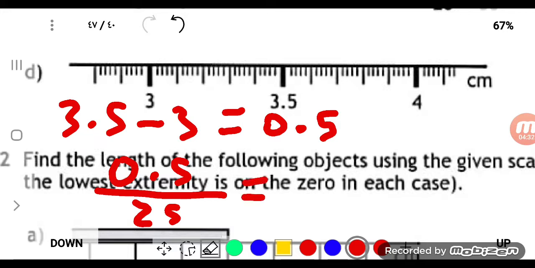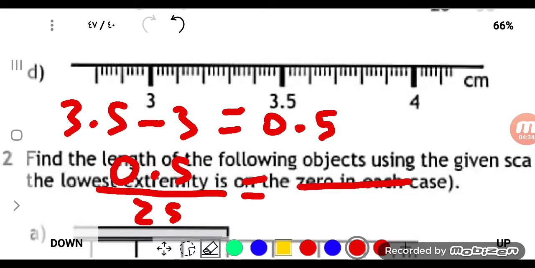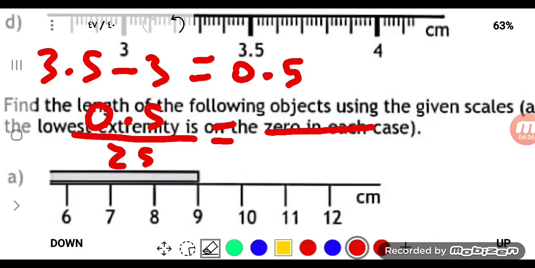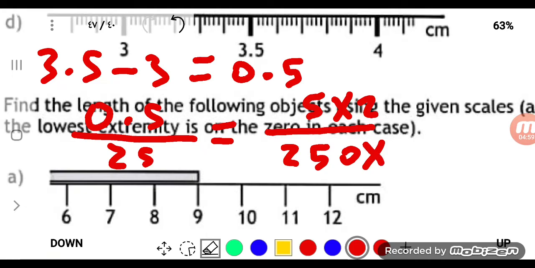Next, you start simplifying this fraction. Now, how do you simplify it? Let's multiply by 10 up and down. We get 5 over 250. Okay, in order now to continue the division, you can also use multiplication. Multiply by 2 up and down. So you get 10 over 500.